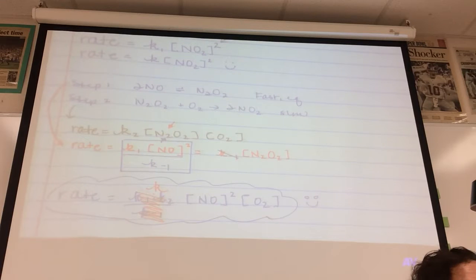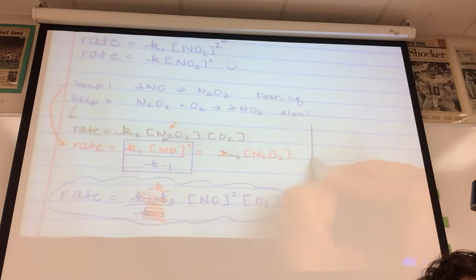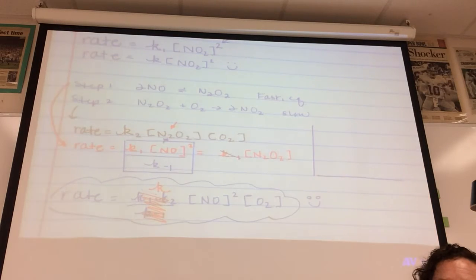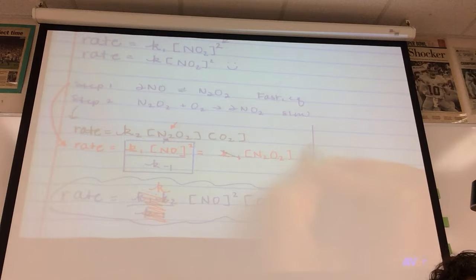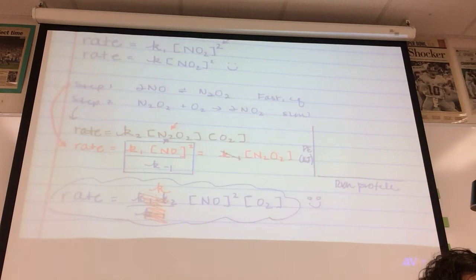It takes a little bit of practice, and you are going to get a ton today. Now, if you were diagramming this out, I've got a series of profiles to look at, but what you're looking at is going to be, again, potential energy in kilojoules on the y-axis, reaction profile on the x.